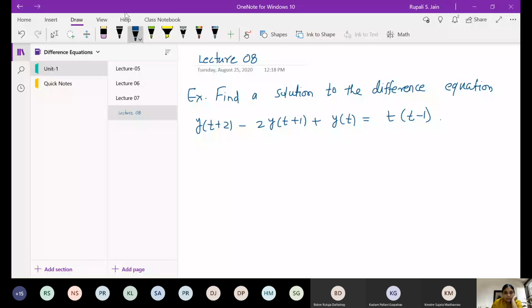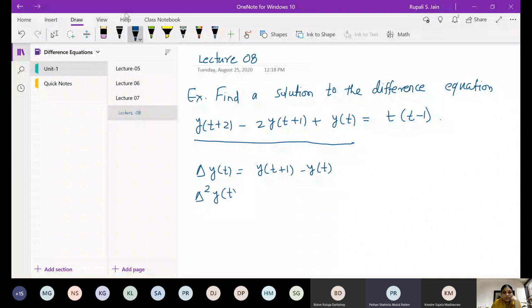First let me tell, if I want to write this in terms of the difference operator, how can I write it? What is delta yt? It is y at t plus 1 minus yt. What is delta square yt?